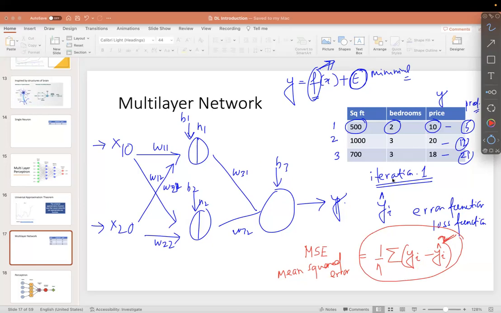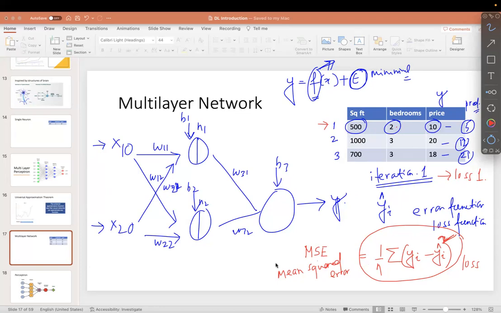So in iteration 1, after we initialize these values randomly, we input our samples like 502, then 1003 and 703, calculate all those values, and then calculate the MSE. What is the loss we are making in the first iteration?